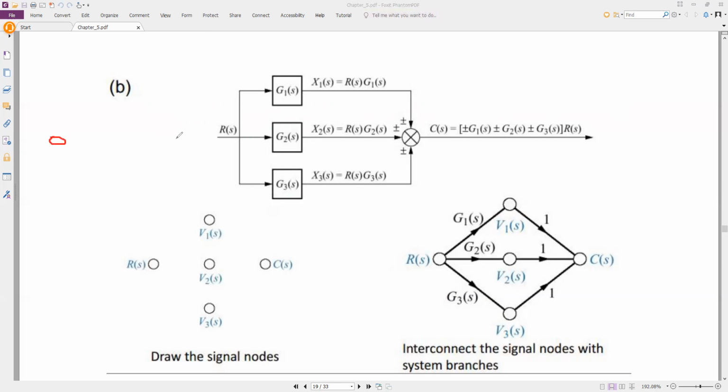Say R, C. From R, it goes to G1, R2, X1, X2, X3.